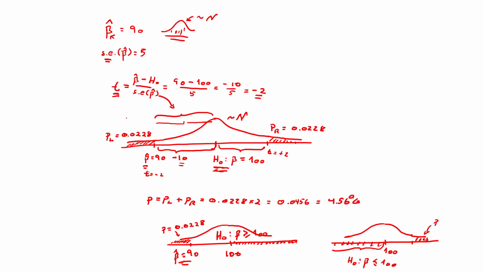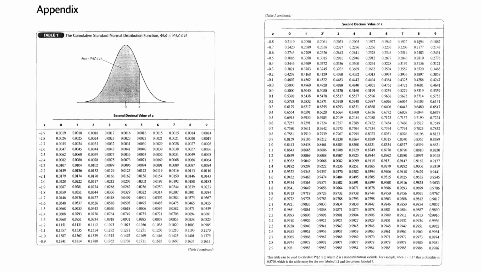So for example, if we got a result of 110, and that would be 2 standard deviations above the null hypothesis, so the t value would be +2, then you could find the right tail probability by looking at the z value of -2 here, and find the tail probability of the left tail, which is equal to the right tail probability for a t value or a z value of the opposite sign.